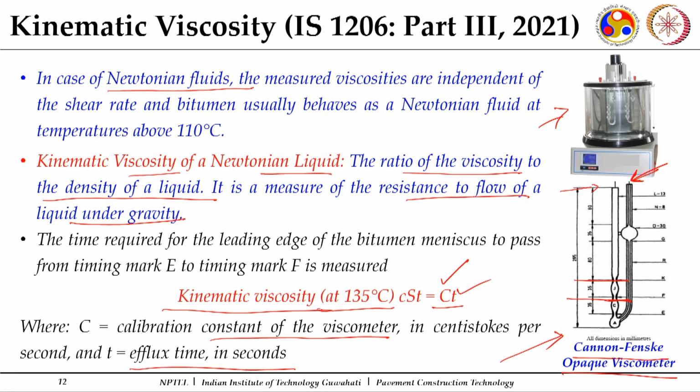So, these are empirical measurements of your consistency. Indirectly, you are getting an idea about the consistency through the viscosity measurement at 60 degrees centigrade and at 135 degrees centigrade.